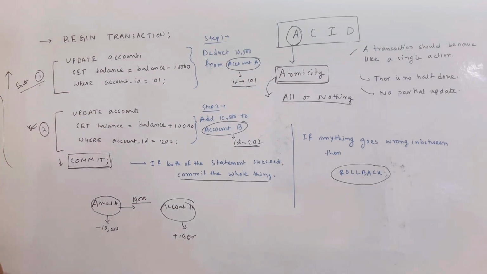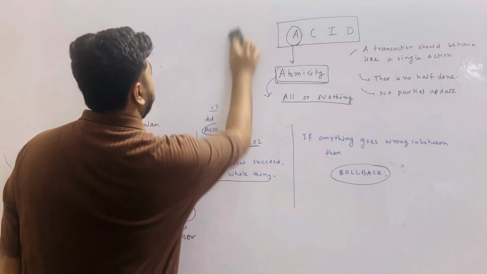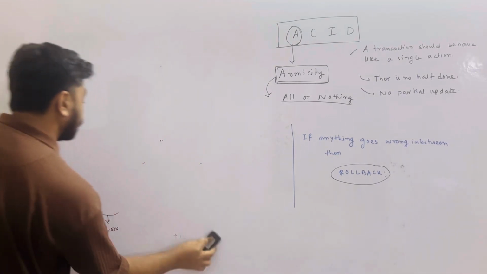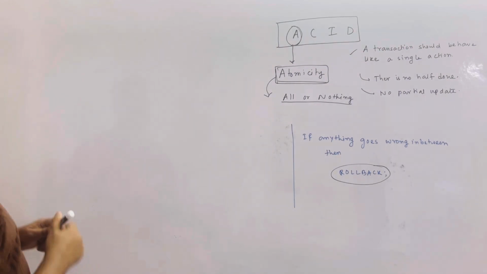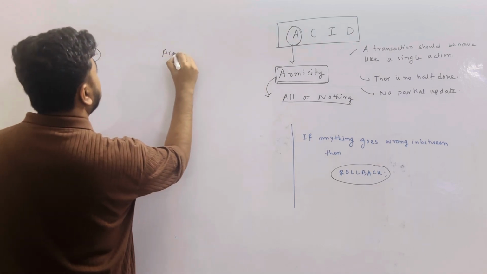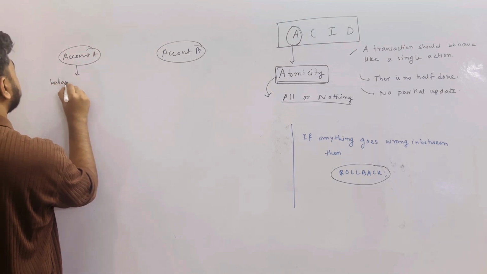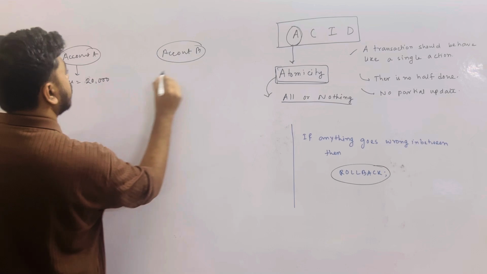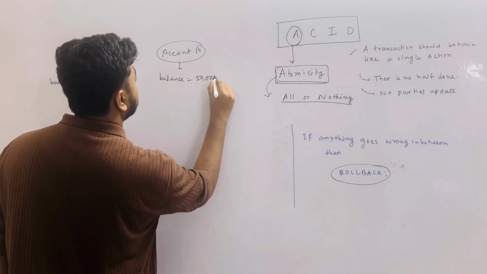Okay, so I will explain a little in detail. What we have seen is there are two statements executing, and if any of these statements fails, it will be rolled back. So suppose I am taking account A and account B. Account A's balance was 20,000, and account B's balance was 50,000.